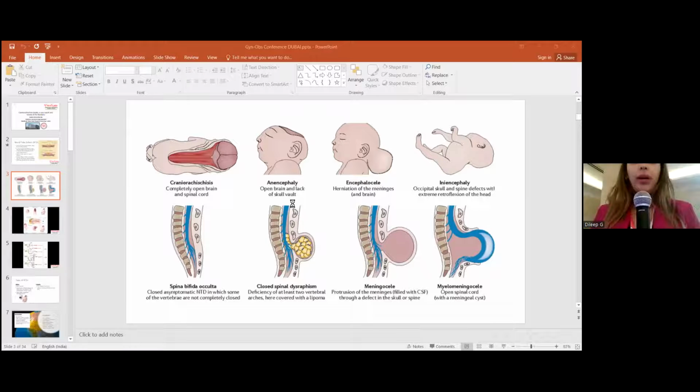And it can be mortal. Around 10% of infant mortalities are due to these central nervous system defects, affecting 300,000 births each year. It's actually a very big number for mortality and also morbidity.